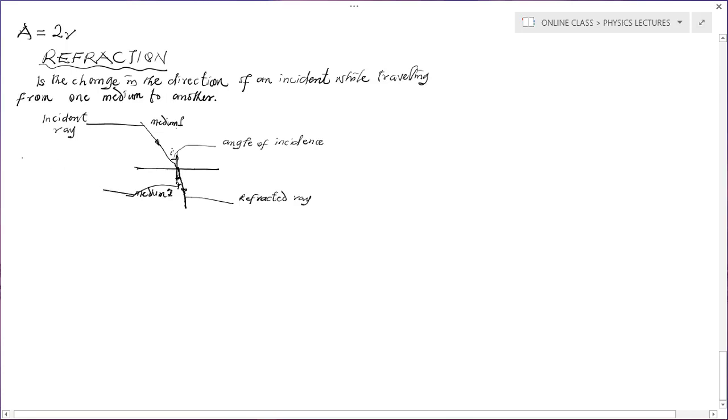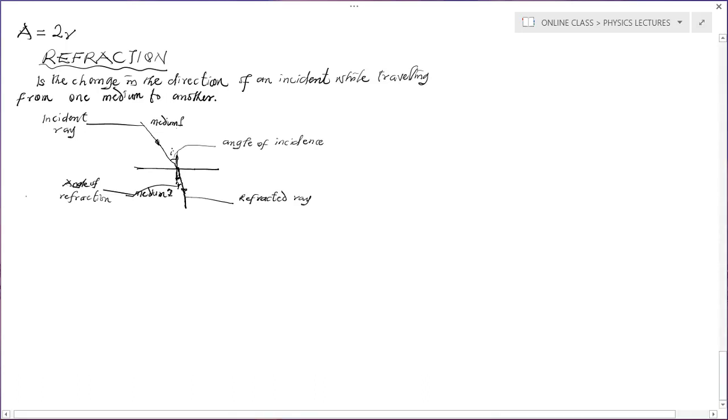Angle of refraction. Now, this is how we always have it.